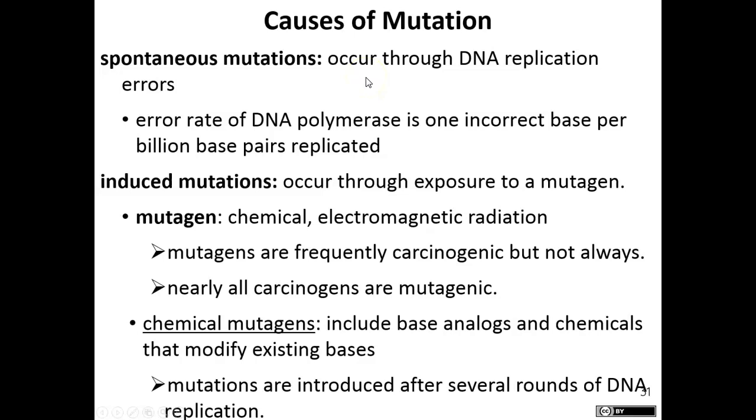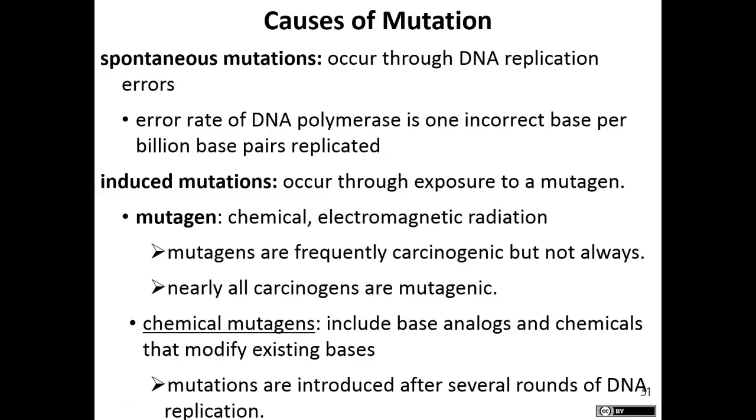Mutations can occur spontaneously while DNA is replicating, but this is not very common. DNA replication is a very regulated process, and there are a lot of different mechanisms that we use to protect our DNA. More often, we have induced mutations.